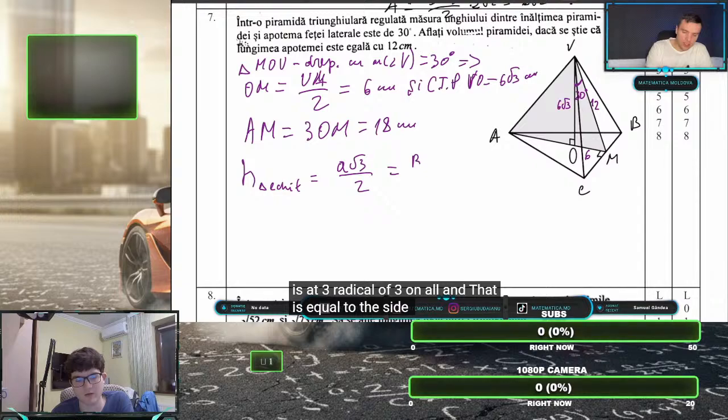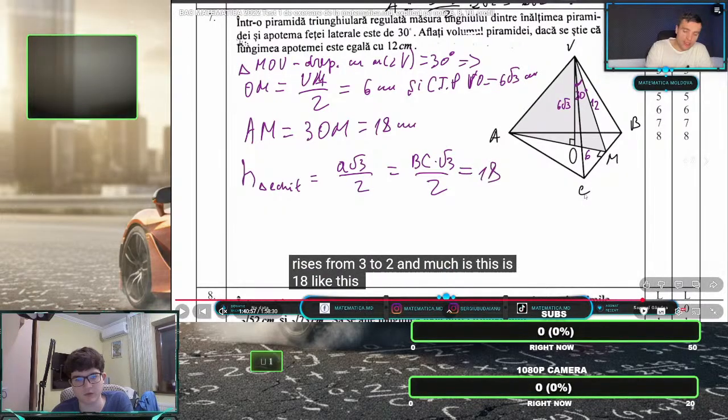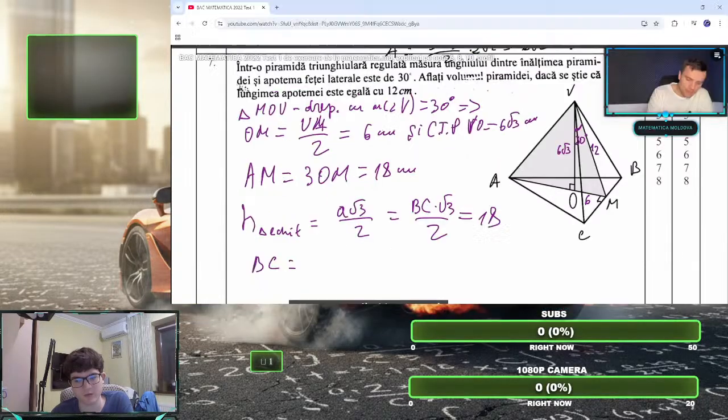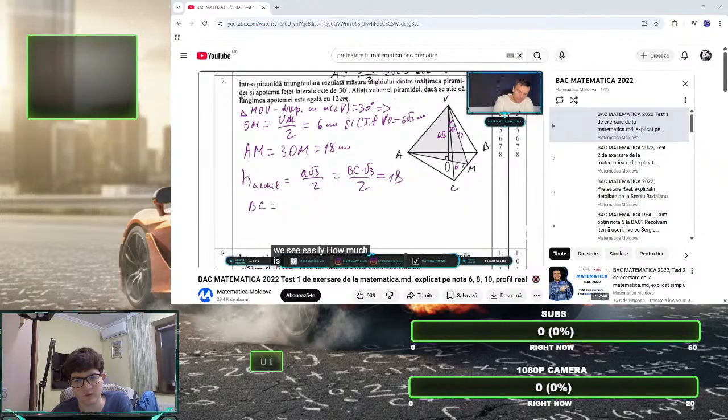The height of a triangle. You can understand what it is, and you get 18. Let me figure it out a bit. Why is it 3 times OM there?